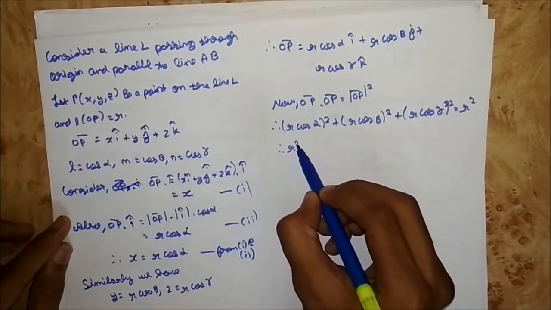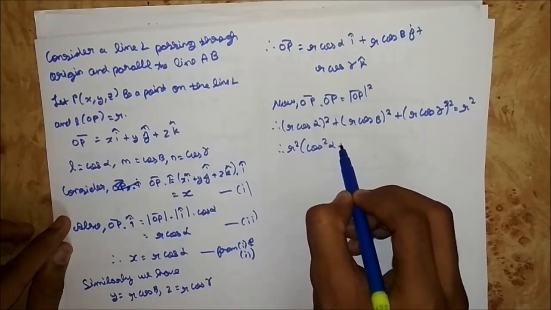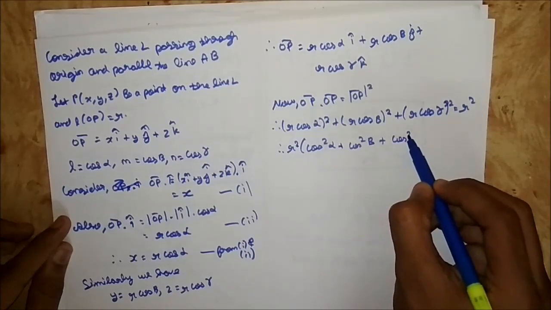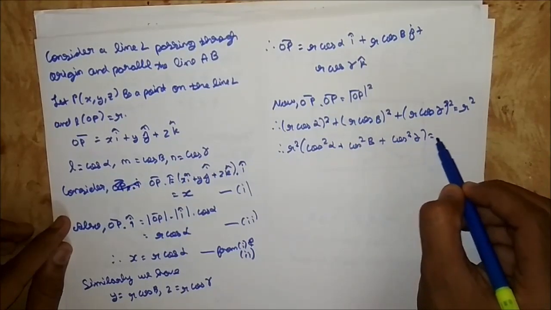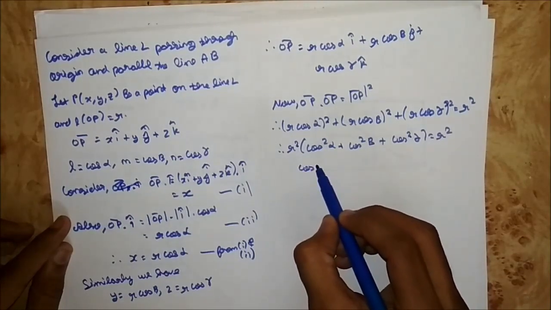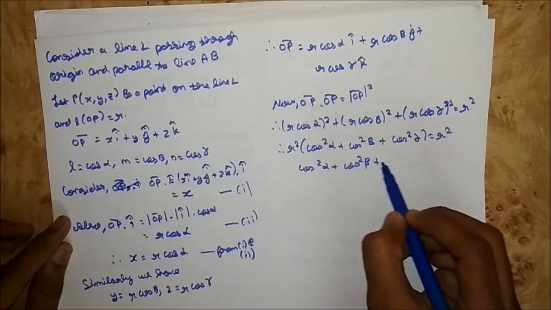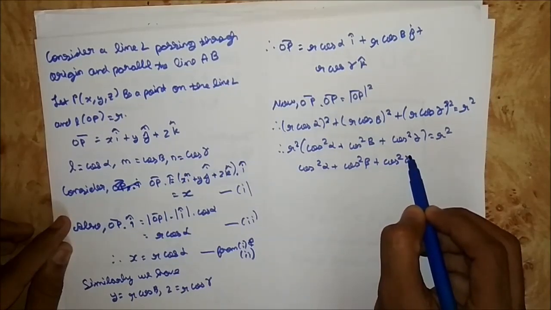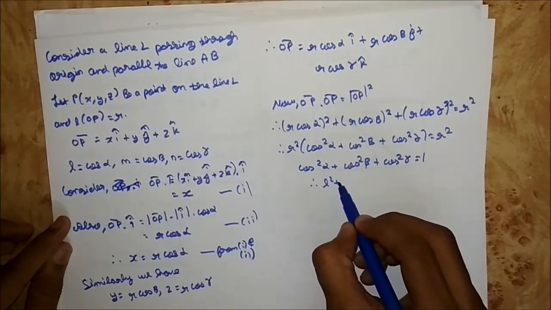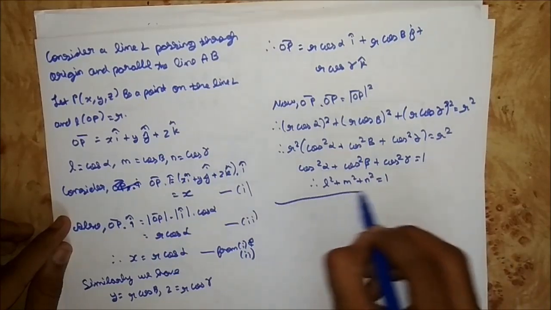Therefore r square times cos square alpha plus cos square beta plus cos square gamma is equal to r square. Cos square alpha plus cos square beta plus cos square gamma is equal to 1. Therefore l square plus m square plus n square is equal to 1. Hence we have proved the theorem.